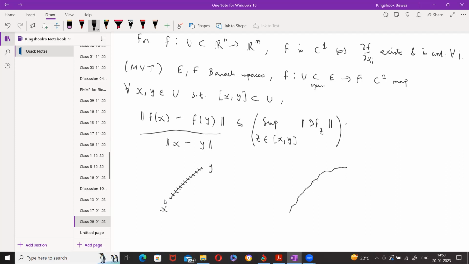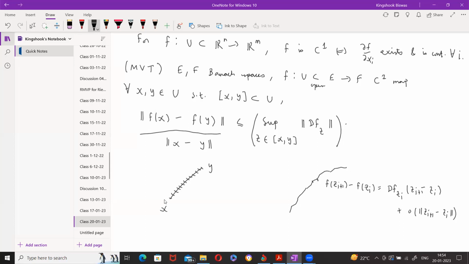And these differences, f of z_{i+1} minus f of z_i, if these points are z_i, this difference is approximately equal to the derivative df at z_i acting on z_{i+1} minus z_i, plus something which is little o of the norm of z_{i+1} minus z_i.